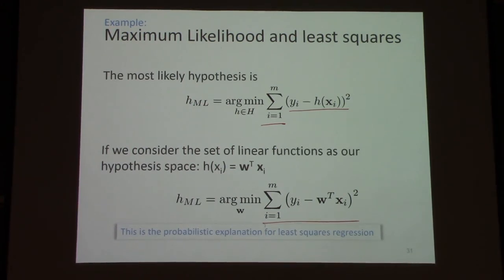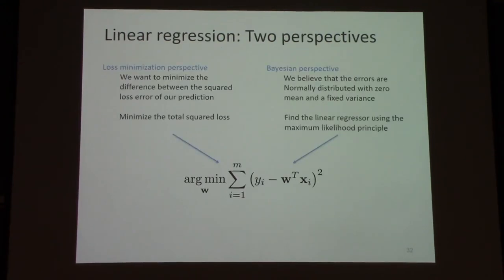So it turns out this is actually the probabilistic explanation for the least squares regression method that we saw. And it turns out that you can analyze not just linear regression but many learning algorithms from two wildly different perspectives. From the loss minimization point of view, for example, we write down a loss. What's the loss?